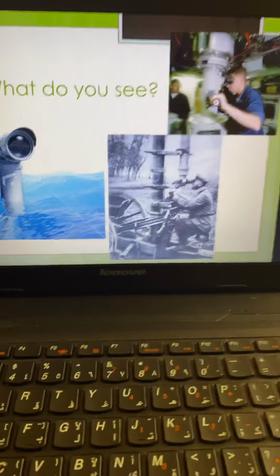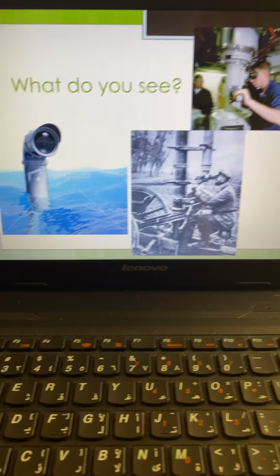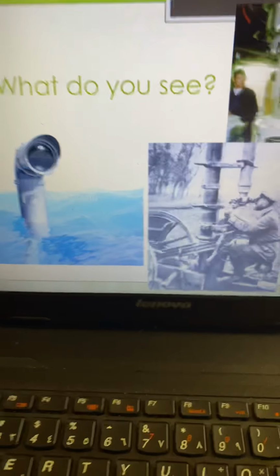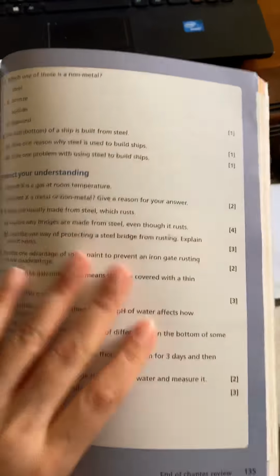Now, if you open your book, I want you to find out what is this device called. Open your book. Here is the book. If you open your book, wait. Can't find it.